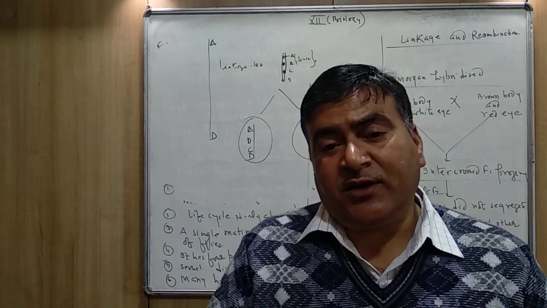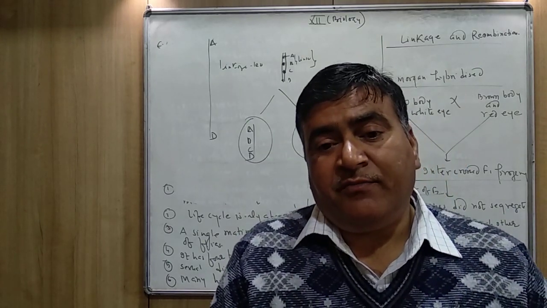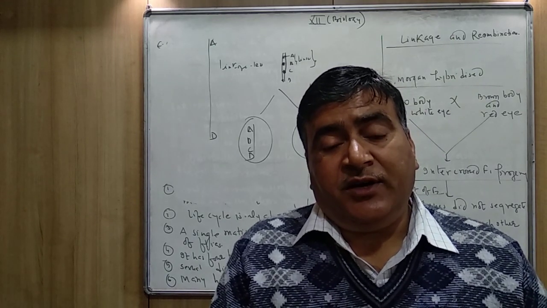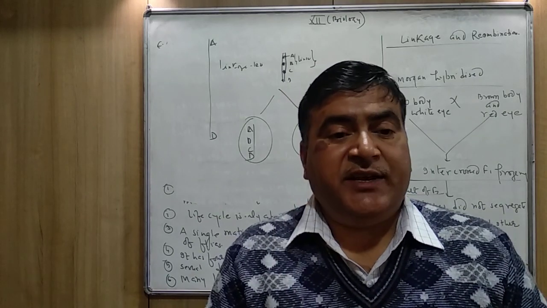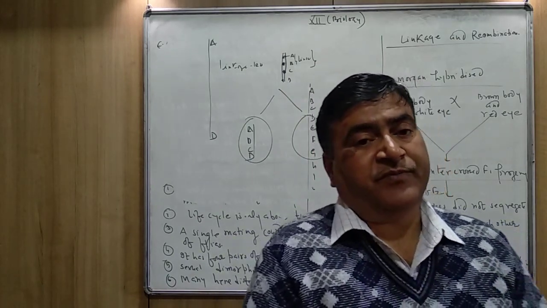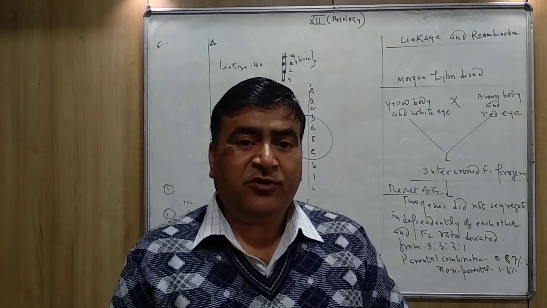And why did Mendel get the ratio 9:3:3:1? Because the genes were located so far, and because of the recombination, because of crossing over, Mendel got that ratio.